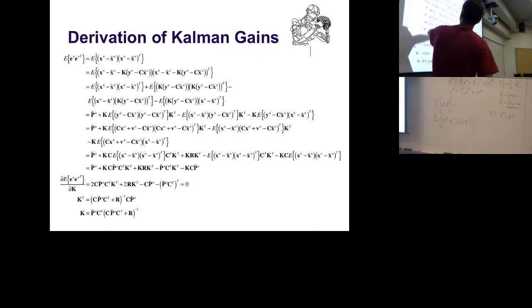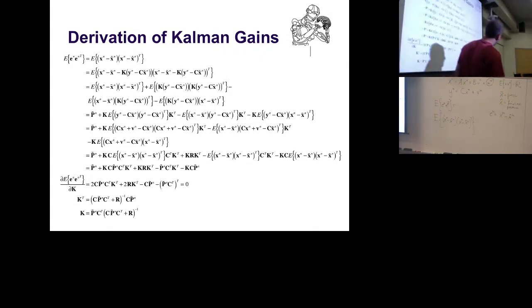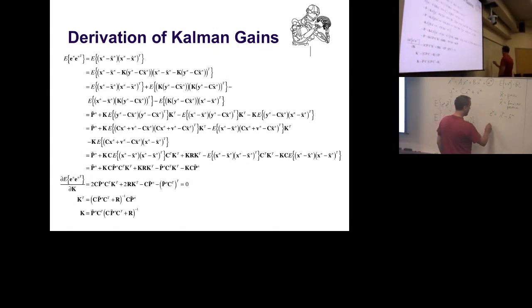Remember that was on the previous page, and it says that x hat n equals x squiggle n plus the Kalman filter gain times yn minus C times x squiggle n.